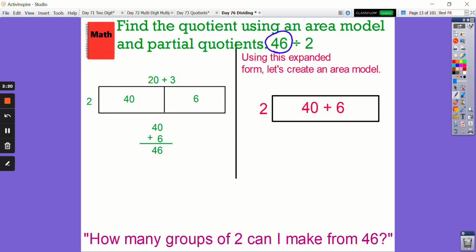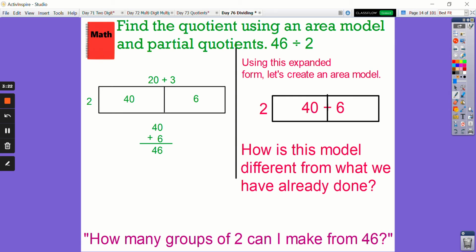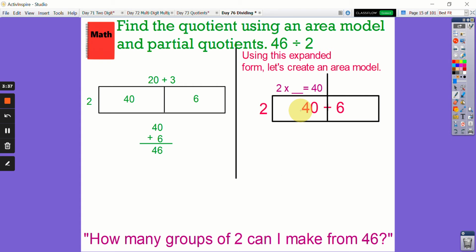So this is going to go inside the area model. Now, we know that division is the opposite of multiplication. So we need to figure out what do we multiply here times 2 to end up with 40. Okay, so 2 times what is 40?